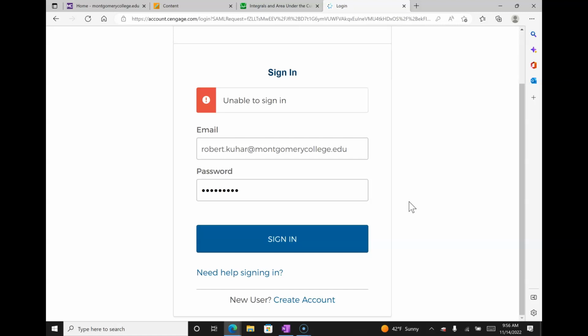Can someone please open the book for me? You have it open? Will you get to the section 5.5 homework? It's easier to click on 5.6 and go backwards.